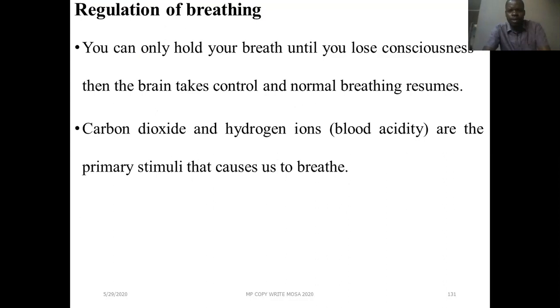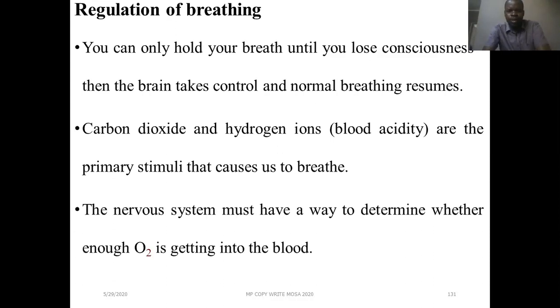Carbon dioxide and the hydrogen ions, blood acidity, are the primary stimulant that causes us to breathe. The nervous system must have a way to determine whether enough oxygen is getting into the blood or not. So because we don't control the breathing, we don't regulate the breathing mechanism.